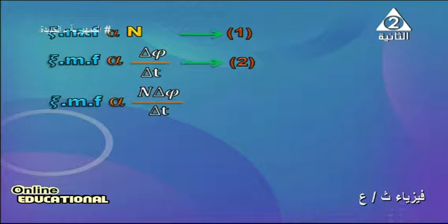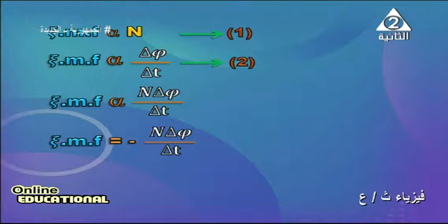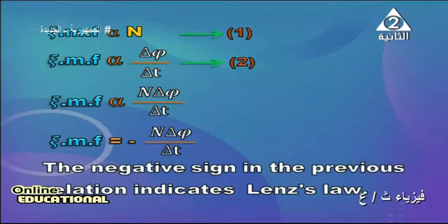The proportionality sign is replaced by equality as usual, and we expect to put a constant, which equals 1. So EMF equals N delta phi over delta t, but a negative sign appears here, and it has great significance. The negative sign in the previous relation indicates Lenz's law, and we'll explain Lenz's law.